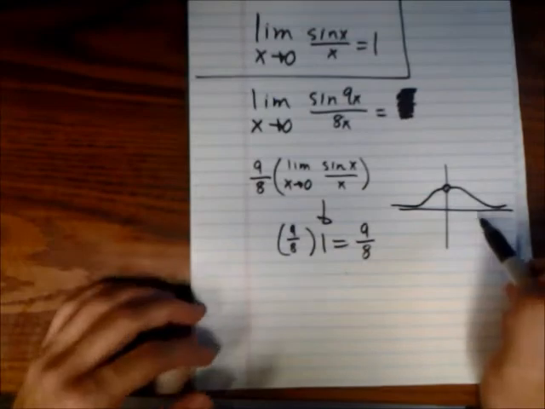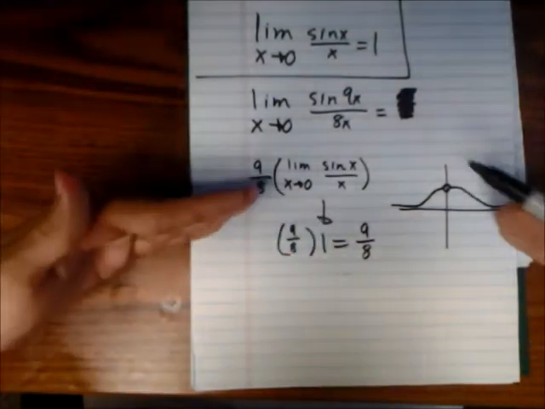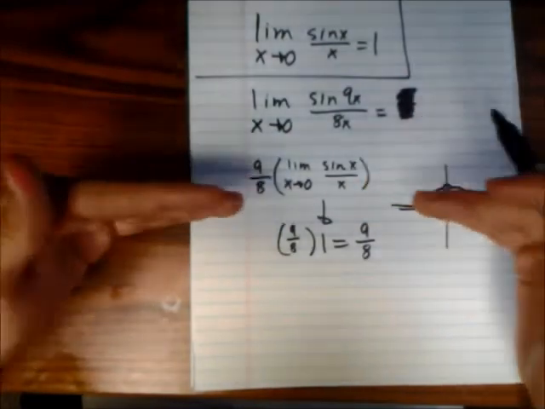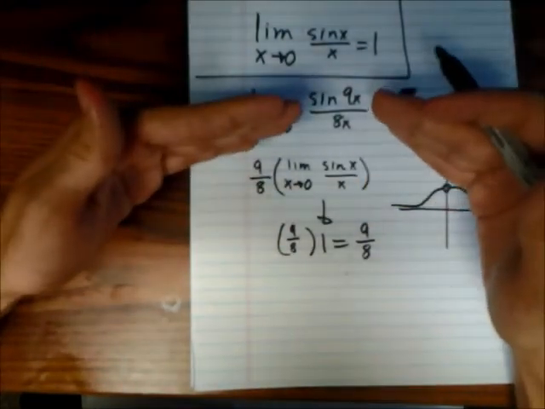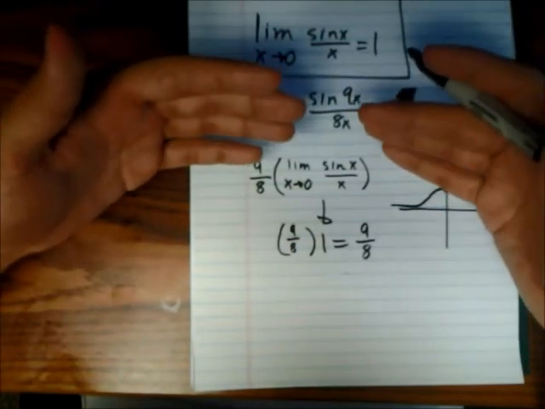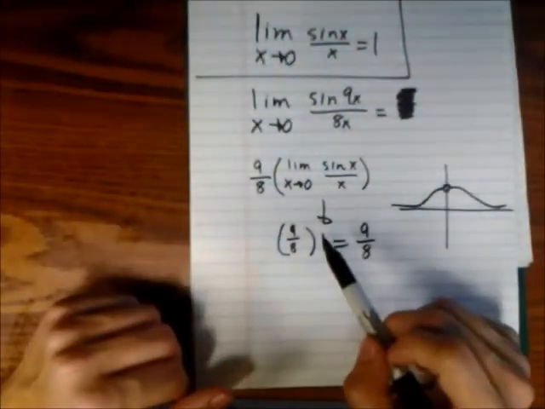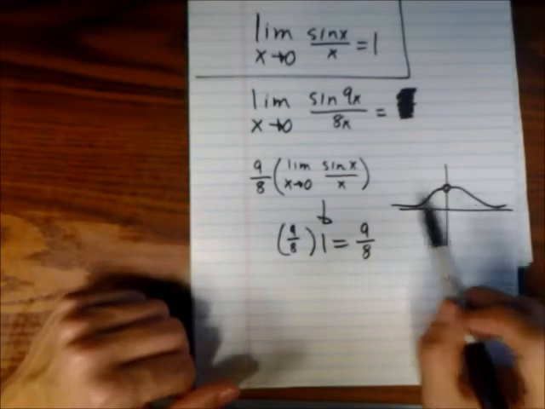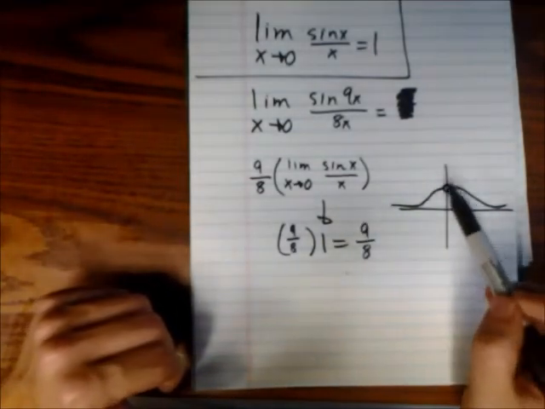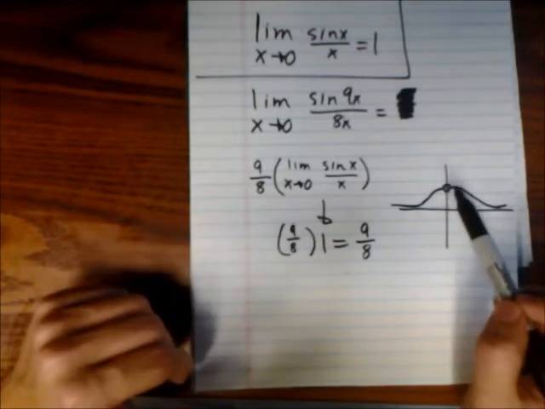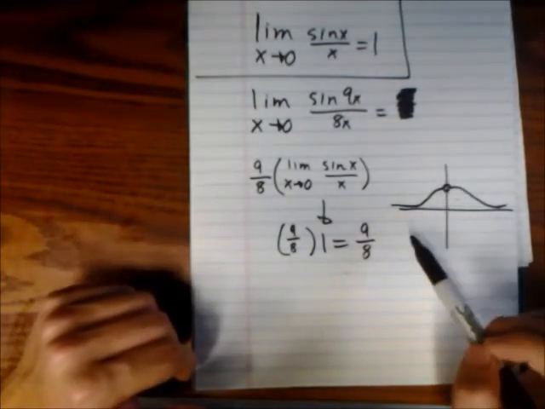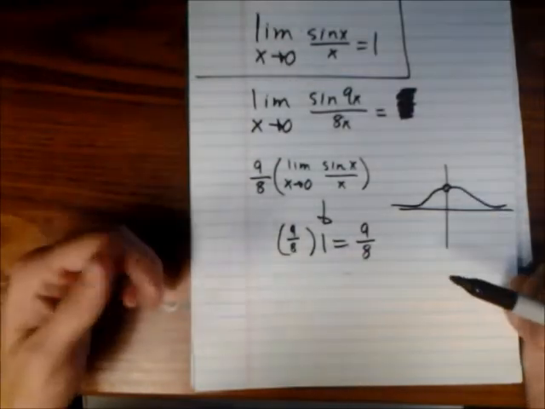But in limits, if this is Bob and this is Jimmy and they both decide to go to Starbucks, but Starbucks isn't there, they're still going to meet where Starbucks originally was. So that's why this limit still exists. This limit becomes 1. If you graph sine of x over x in your calculator right now, it would show a hole where 0, 1 would be. So graphically, that's how it makes sense.